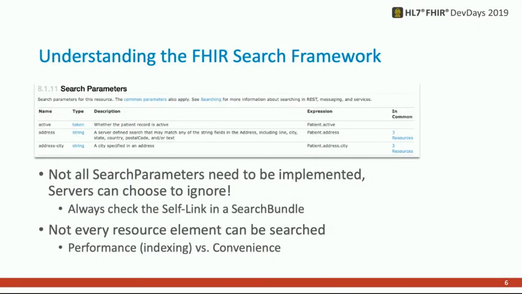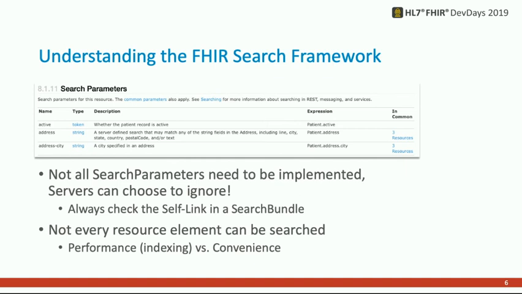The reason for doing that is that you need to have a balance between performance of the indexing of the search parameter and convenience for you as a client developer. Because if you look at the number of search parameters in the FHIR specification, you will see that it's quite huge.